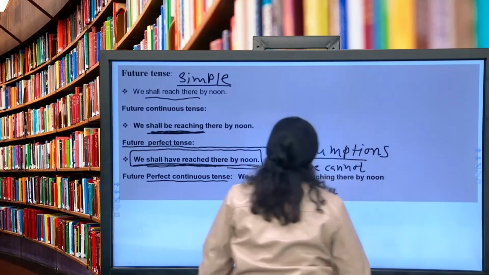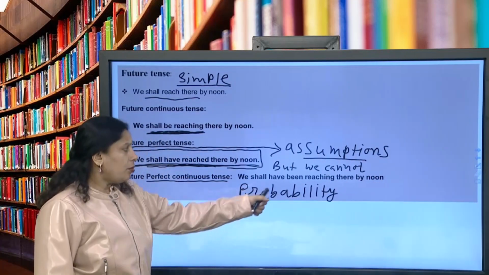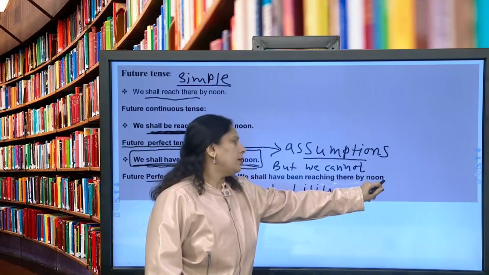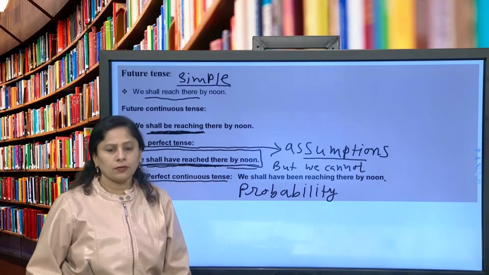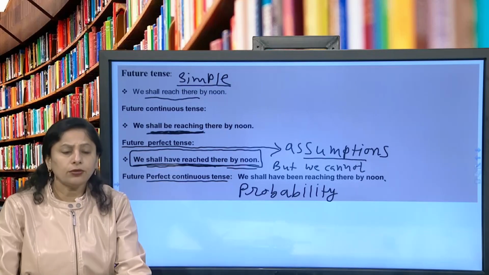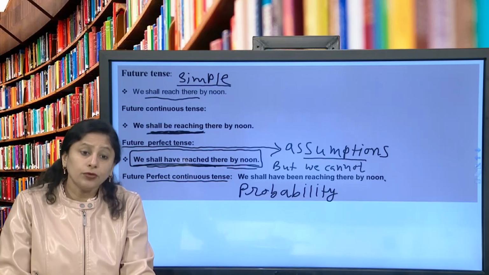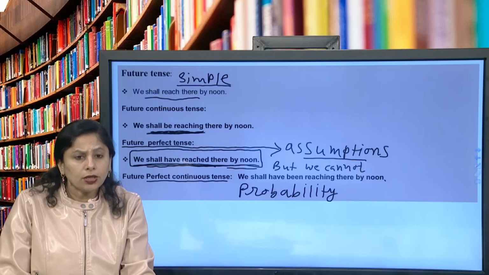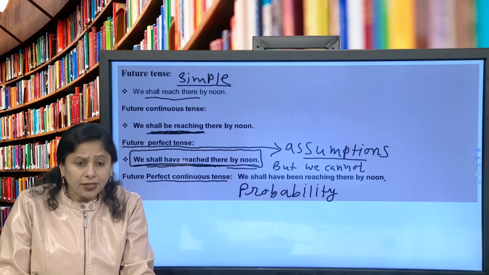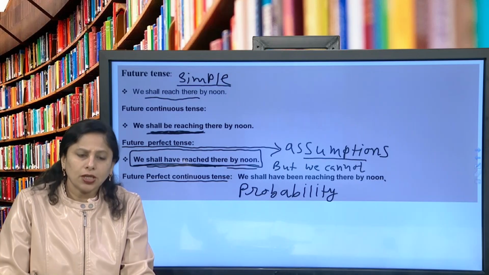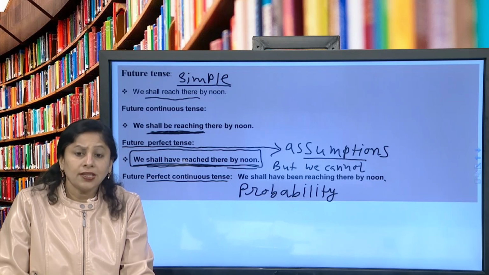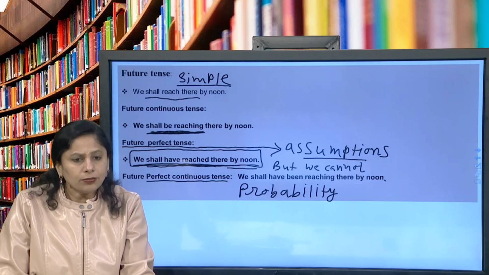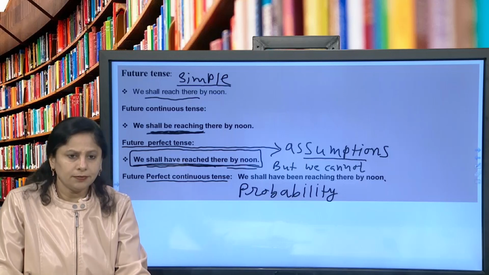And that's why there is a sentence, we shall have been reaching there by noon. So there are two things that you have to keep in mind while utilizing the future perfect tense, future perfect continuous tense, future continuous tense, future tense. It is related with assumptions and probability.